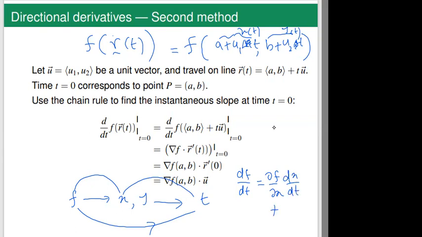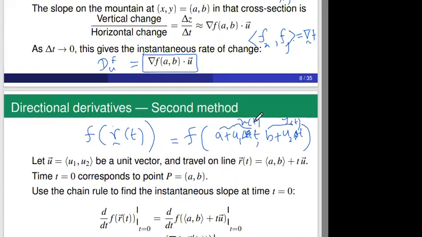And you have another path: partial of f with respect to y, and because this is a single variable, dy by dt. Yeah, this is the chain rule, right?